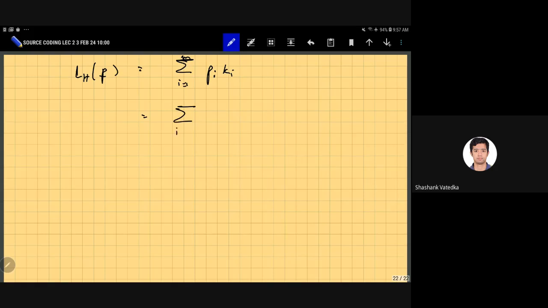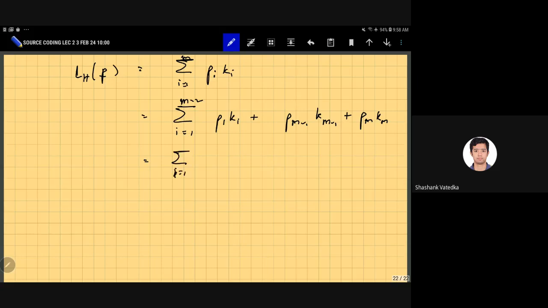So this is i going from 1 through m minus 2 of Pi Ki plus P m minus 1 K m minus 1 plus P m K m. But K m minus 1 is equal to K m, because the Huffman code is canonical.